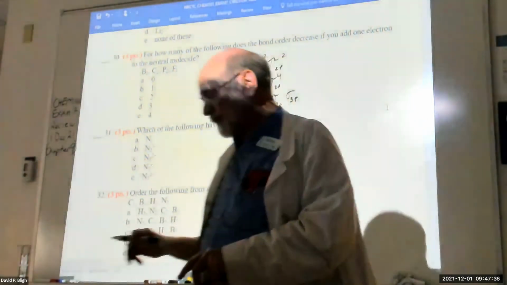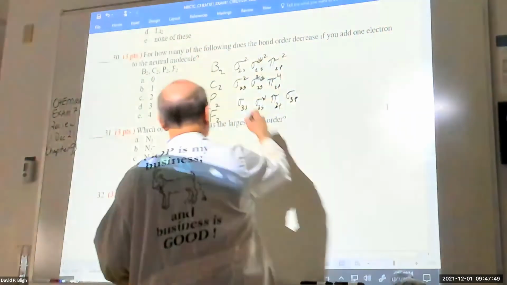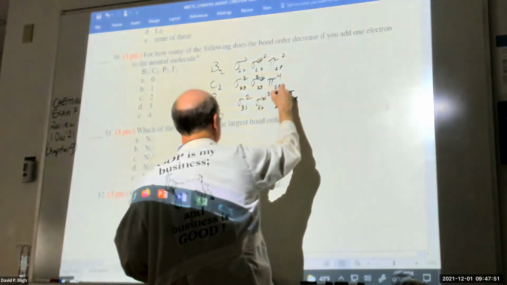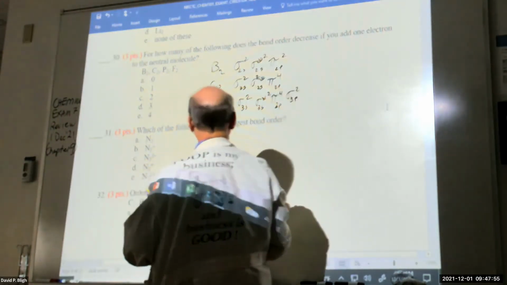So for this one, we look at the valence electrons only. And phosphorus is going to be the same as nitrogen. It's going to have 5, and 5 is 10. So we have 2, 4, 6, 8, 9, 10.